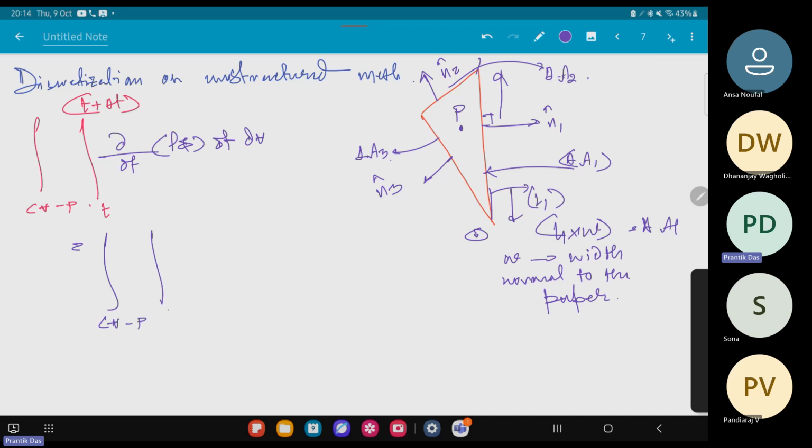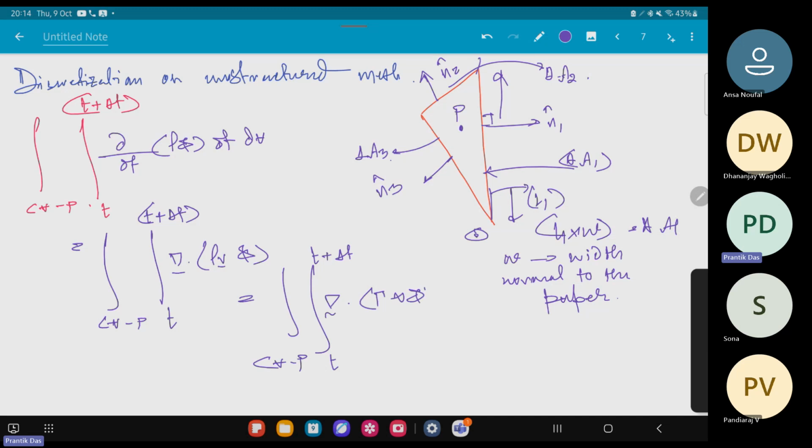When we consider both the spatial and the temporal terms in the general transport equation, this one is del dot of rho v phi, and this is equal to the integral over the control volume of P from t to t plus delta t of del dot of gamma grad phi dt dv plus the source term, dt dv.